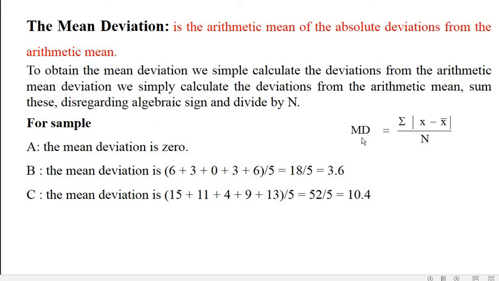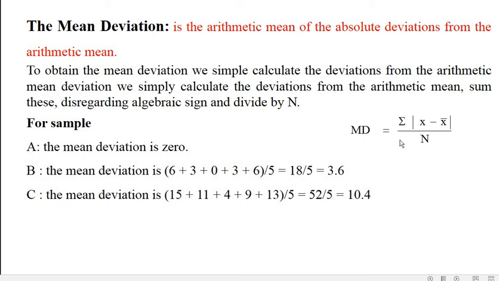So the mean deviation is the summation, ignoring the algebraic sign, of the difference between the observation and its X bar, over the number of observations. That's the mean deviation.